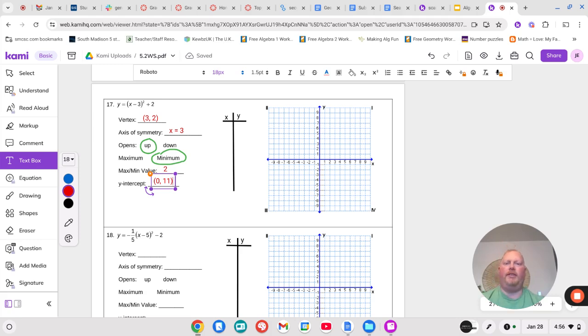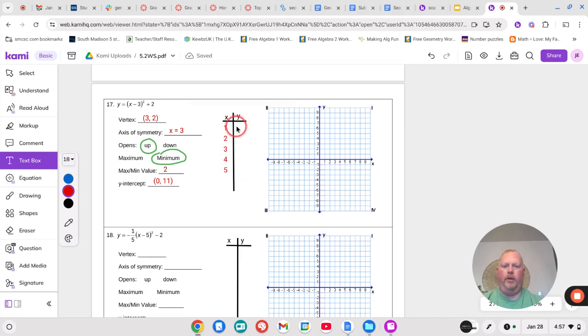So because our vertex, the x-coordinate is 3, I'm going to pick two numbers above it, two numbers below it. So I'm going to start with 1, 2, 3, 4, 5. And then I'm going to go ahead and take each of those numbers.